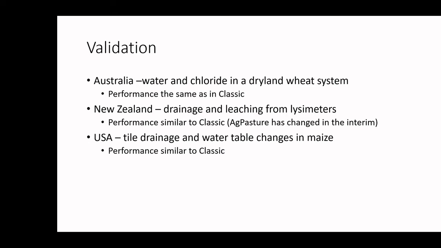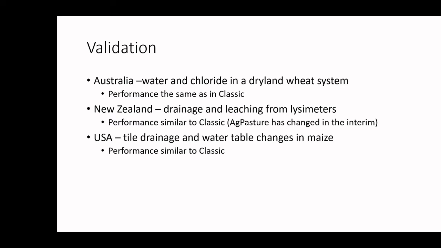From New Zealand, we've got drainage and leaching from lysimeters, and the performance is similar to Classic, not exactly the same, but AgPasture, in which these lysimeters were sown, has changed quite a lot since the Classic simulations were done. So I'm attributing the differences to the change in the AgPasture model rather than anything to do with SWIM.